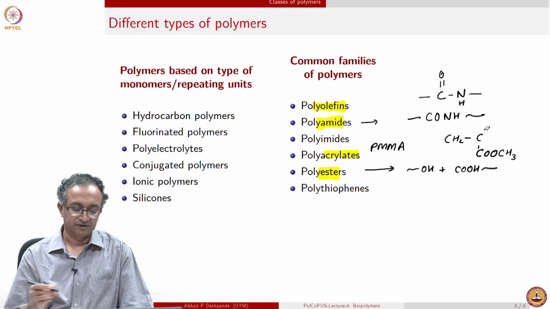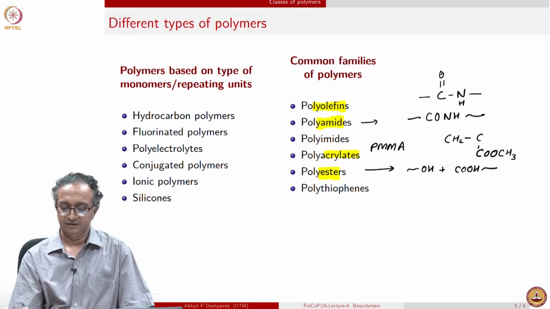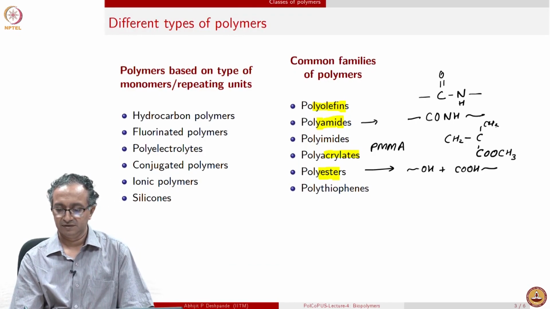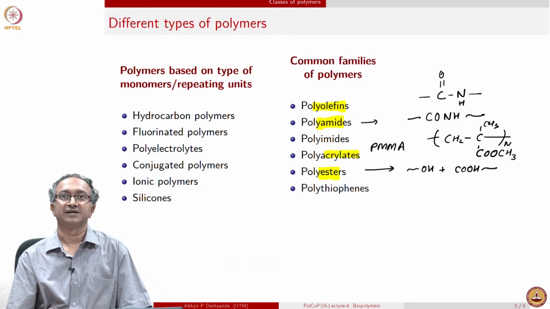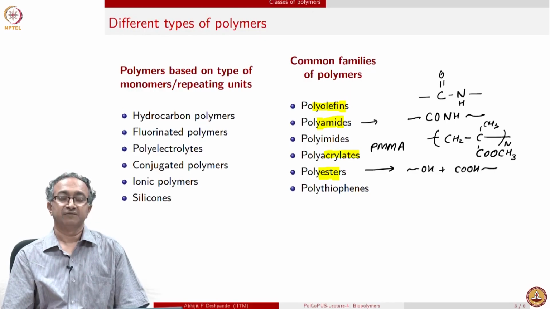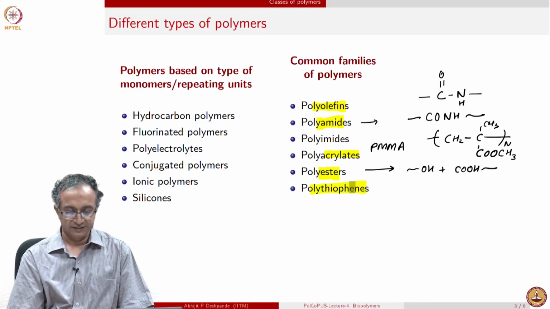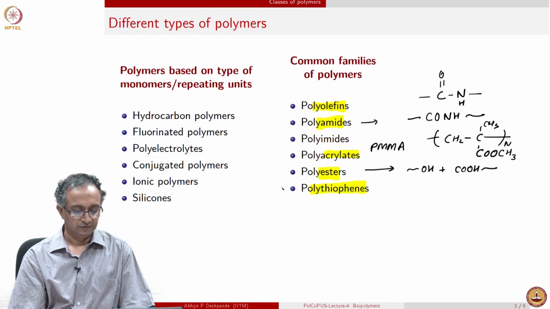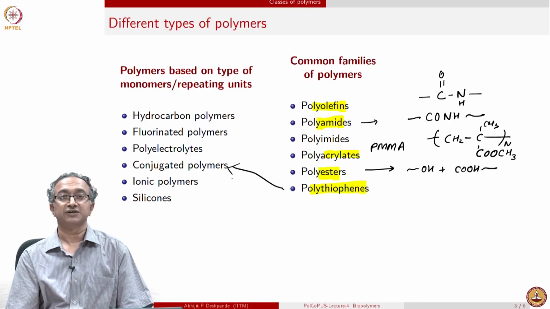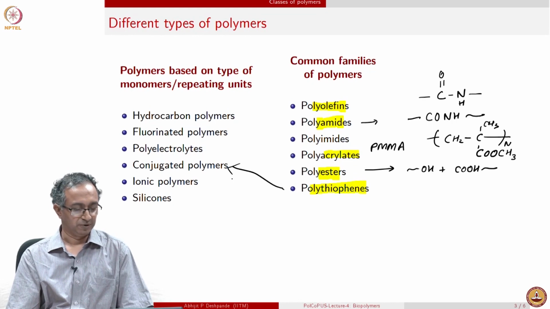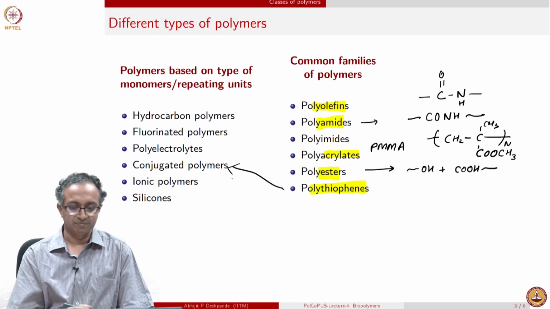So we remove this hydrogen and then we add a methyl, so methyl methacrylate. So acrylates are a very important class of materials. Polythiophenes are a very important class of conducting polymers, conjugated polymers. So this is some examples of common families of polymers.